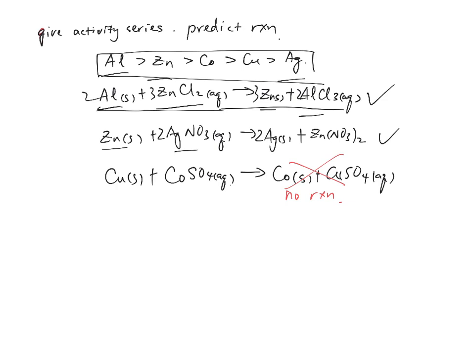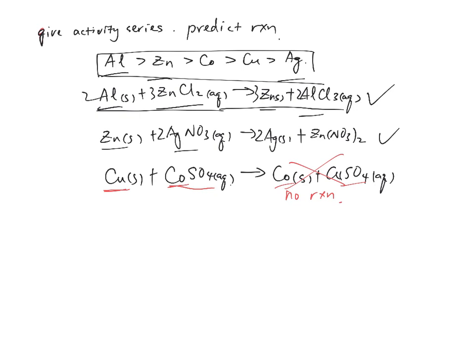Because cobalt is more active than copper. That means copper won't be able to go to cobalt's house and kick cobalt out and take its place. Less active metals won't be able to do this to more active metals' salt solution. The more active metal could do this to a less active metal salt.